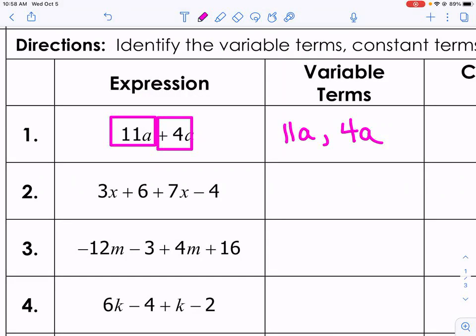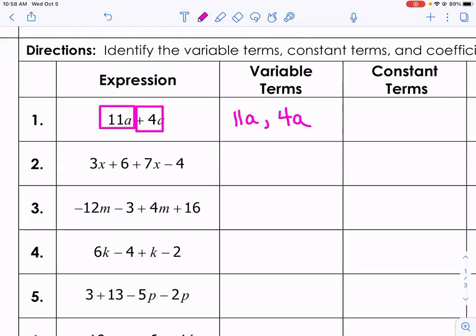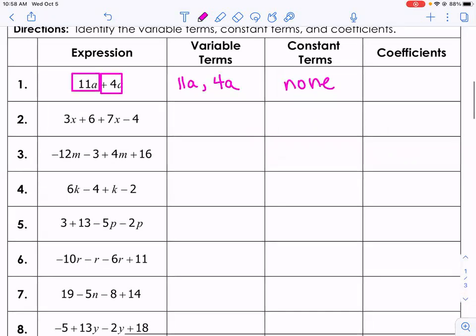Corin, do we have any constants? Thanks, Corin. There aren't any constant terms in that expression. Now, Bronson, when I talk about coefficients, which numbers are coefficients? 11 and 4. 11 and 4 are coefficients because they're the numbers that are attached to a. Okay, that example was boring.